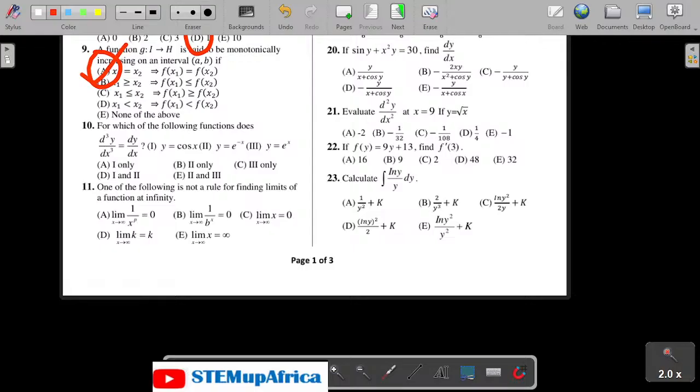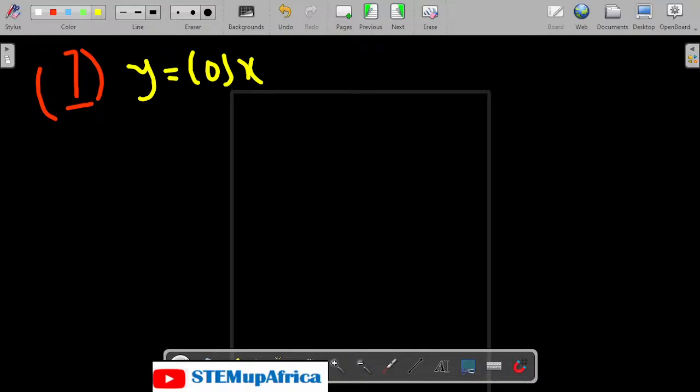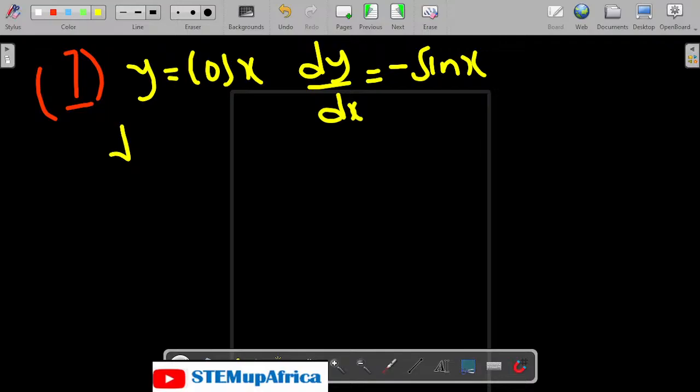Roman figure 1, we have y equals cos x. If I differentiate this, dy dx will give me minus sine x. Then if I differentiate again, d square y over dx squared, which is the second derivative, I'm going to have minus cos x.